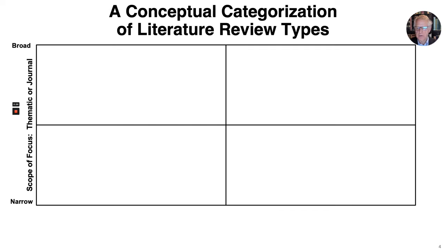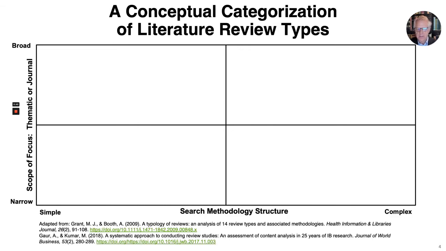A narrow focus would be on very few themes or possibly very few journals or a combination thereof, and broad is somewhat the opposite, where you have a fairly wide focus of themes and or journals. Along the X or the horizontal axis, the search methodology structure is looked at, and that can be fairly simple, with a simple search string that's executed once and used no more, or it can be fairly complex.